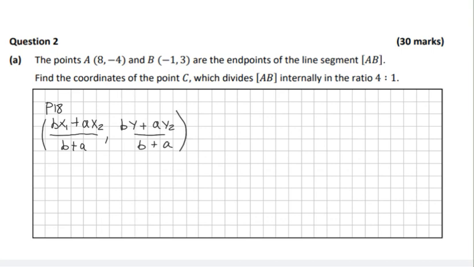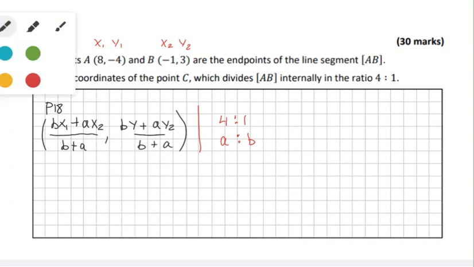Let's assign x1, y1 to the coordinates. Let's plug everything in, and we're going to let the ratio 4:1 correspond to a and b, okay, in those values respectively.